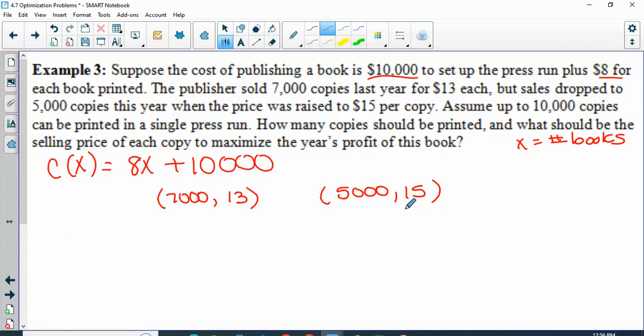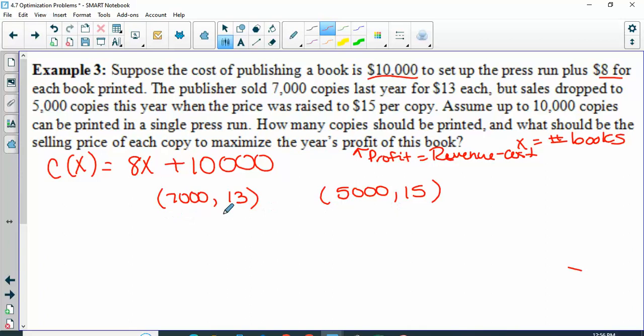Assume up to 10,000 copies can be printed in a single press run. How many copies should be printed and what should be the selling price to maximize the profit? Profit is revenue minus cost. So we have costs, we need to get revenue if we're going to figure out our profit.